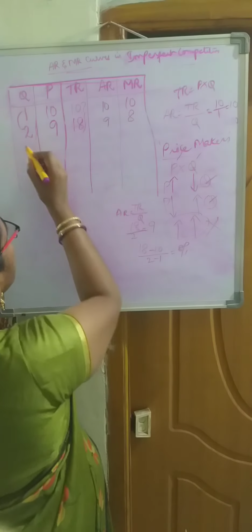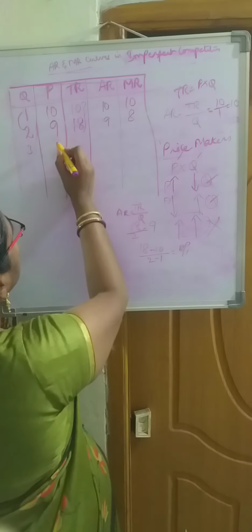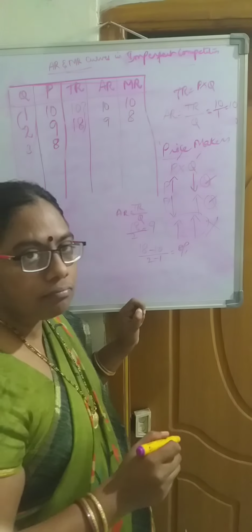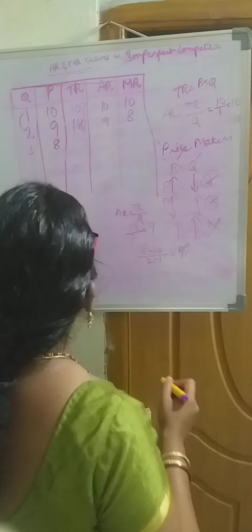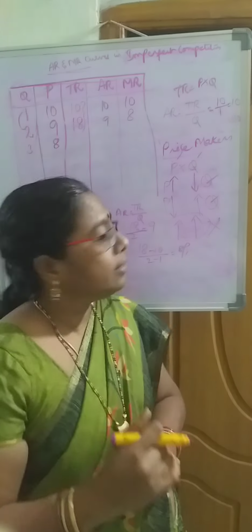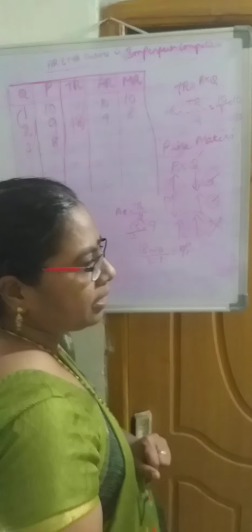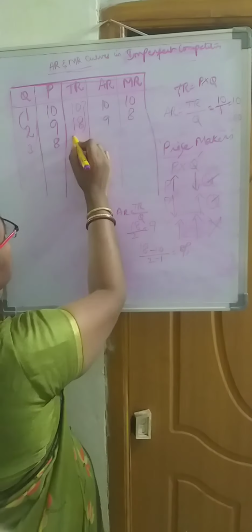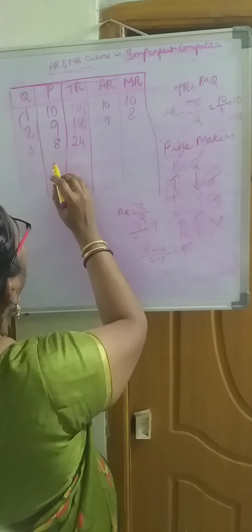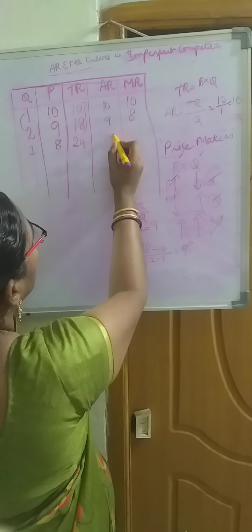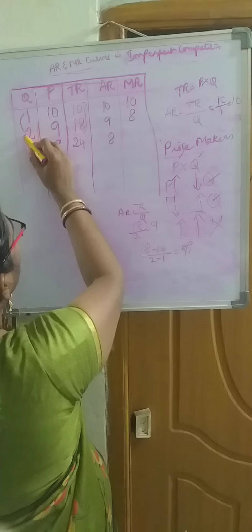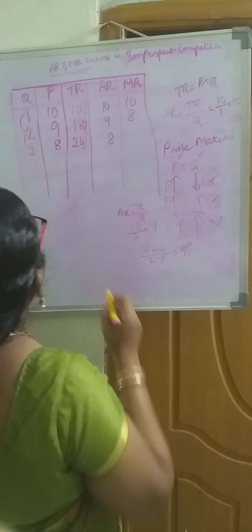Okay, in this way we will see 3 products. As I've told, when you are increasing the quantity, the price should be reduced. So 3 8s are 24, 24 by 3, 8. Okay.